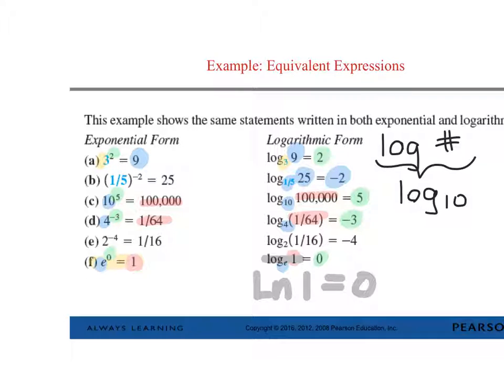If you see ln, you can assume that that is a log base e. Those are the two most commonly encountered forms, and these are called common logarithms if they're a base 10, and then natural logarithms if they're a base e, and that's mostly what we'll use.